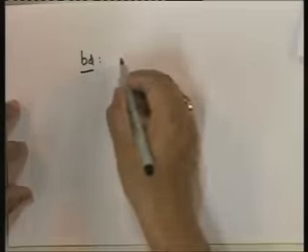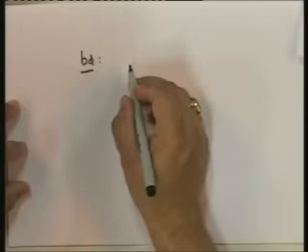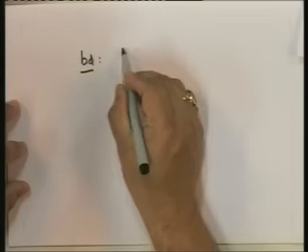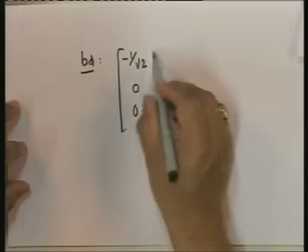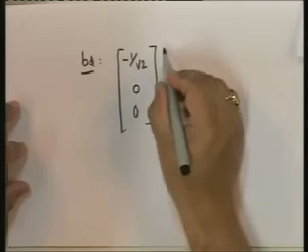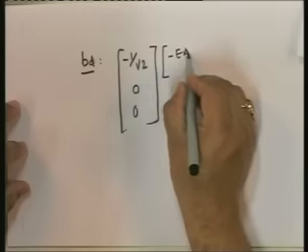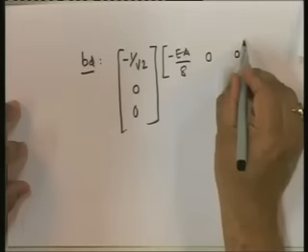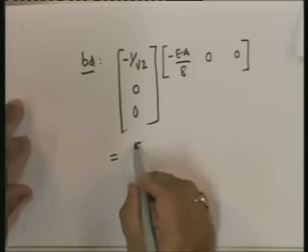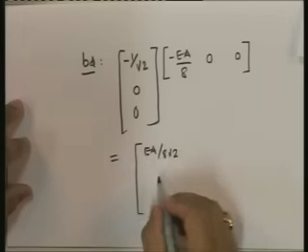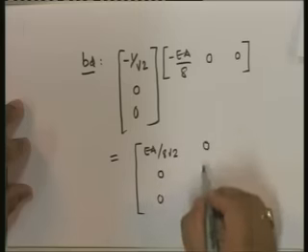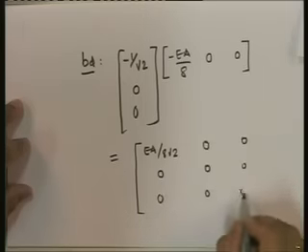Okay. Similarly, we can find out for BD, and this becomes then Ai transpose becomes minus 1 over root 2, 0, 0, and here we have minus EA upon 8, 0, 0, and if you look at this, this essentially becomes EA over 8 root 2, 0, 0, and everything else 0.